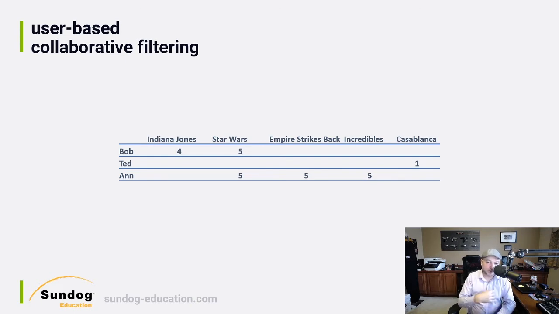So it's not too much of a stretch to imagine this data as describing vectors for each user in an item space. Okay, stay with me here. Now, if these were the only 5 movies in existence, we could describe Bob with a 5-dimensional vector of 4, 5, 0, 0, 0, and Ann with 0, 5, 5, 5, 0, where 0 indicates a missing value.